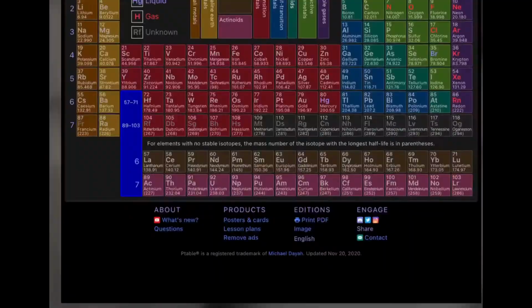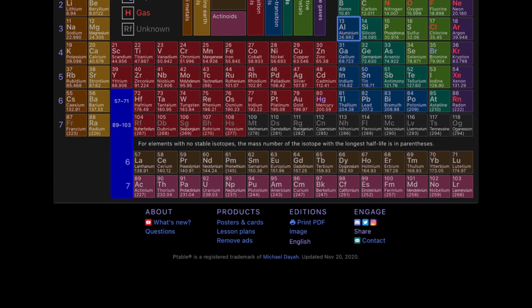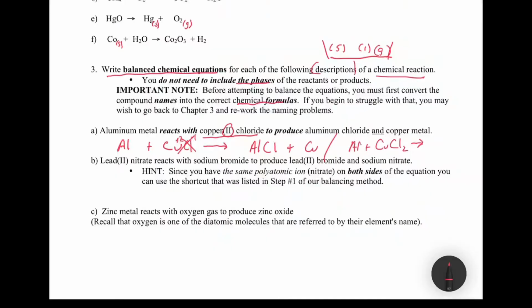Notice, aluminum's right here. That's in the +3 column. So therefore, we have a +3 charge. We're just going to write that down here. That's going to produce for us aluminum +3, -1, crossover 3. That's going to produce for us AlCl3 plus Cu. Okay, so that is our equation.